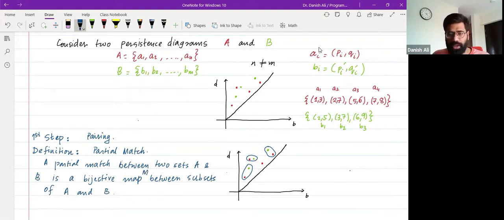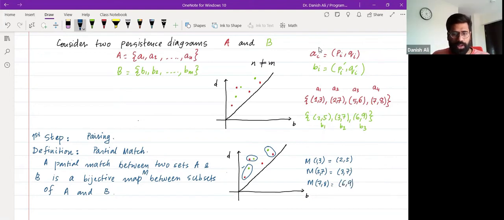For example, here in this figure, I take this M of (1,3) equals (2,5), and M of (2,7) equals, let's suppose, (3,7), and M of this red point (7,8) equals (6,9).